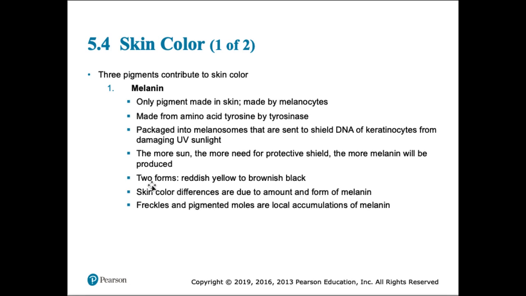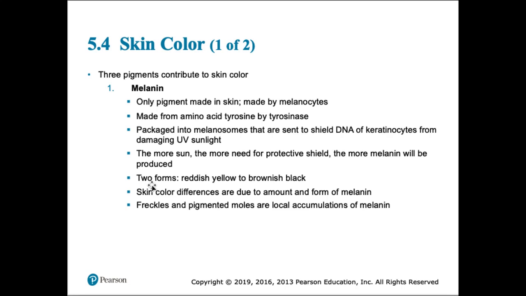So now we're talking about skin color and the pigments in the skin. There are three pigments that contribute to skin color. The first one is melanin. It's the only pigment actually made in the skin, and it's made by the melanocytes from the amino acid tyrosine and tyrosinase.